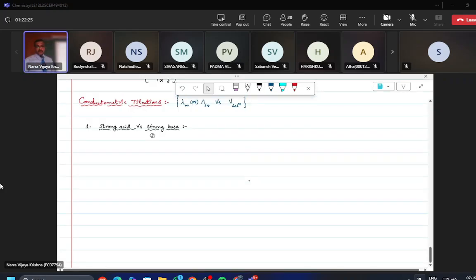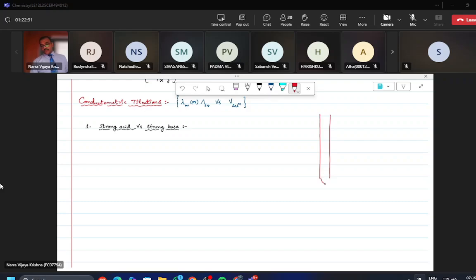Now what I will do? See this. This is a burette having certain readings. Now the conical flask you will take, these are the experiments you are doing, right?